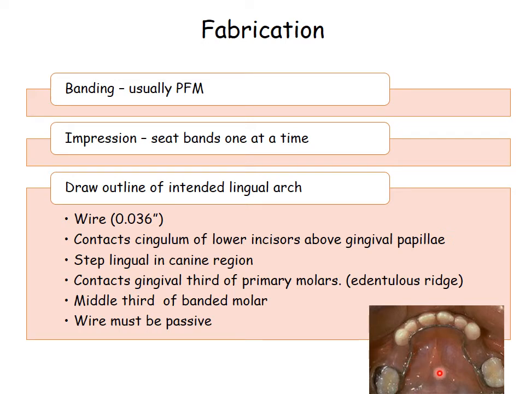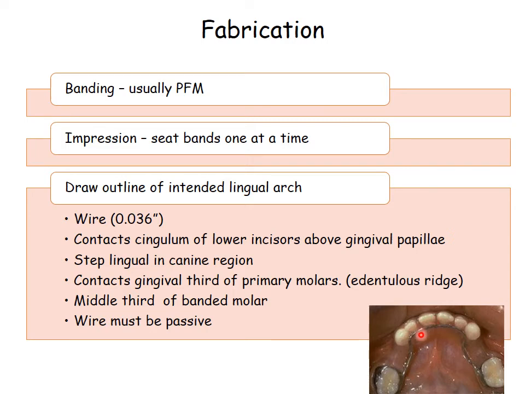So what we have discussed is that banding has to be done on the permanent molars, after which the outline has to be made for the lingual arch. The wire component should contact the cingulum of the lower permanent incisors, as you can see here, above the gingival papilla.